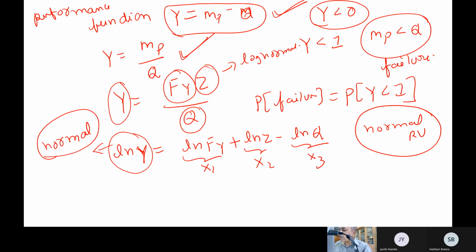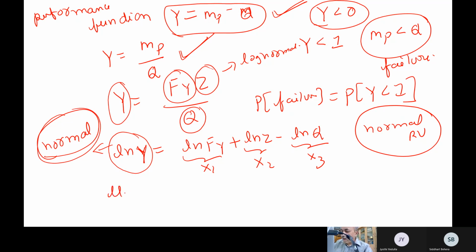How is log y linked to x1, x2, x3? It's addition. Addition is nothing but a linear transformation. So when you are adding something linear, automatically the output also will be a normal random variable only. So this is my log y.